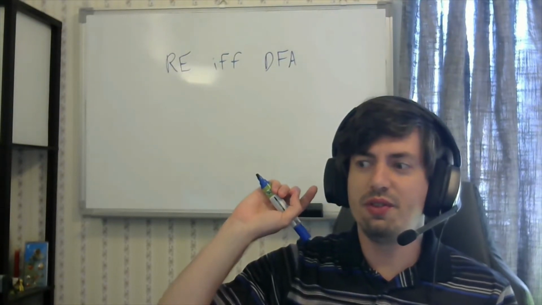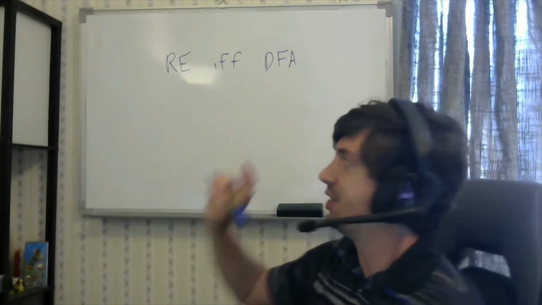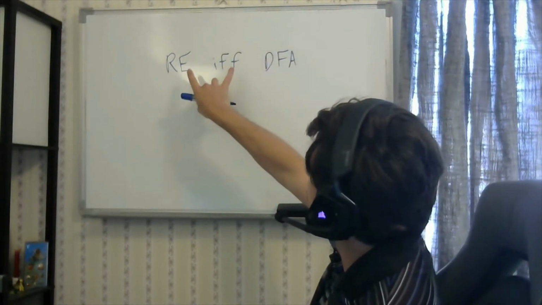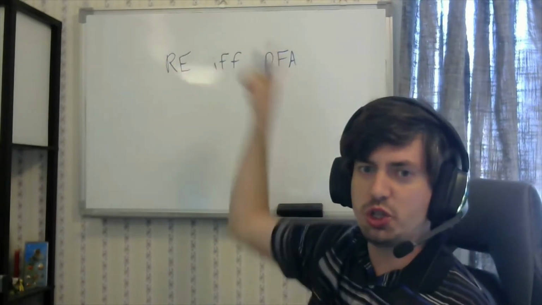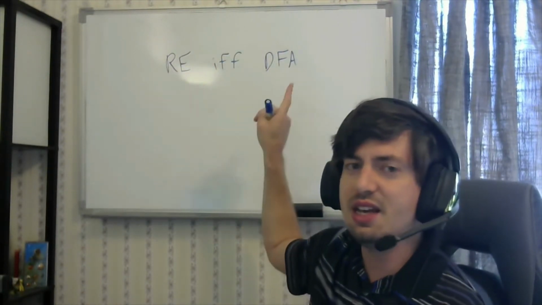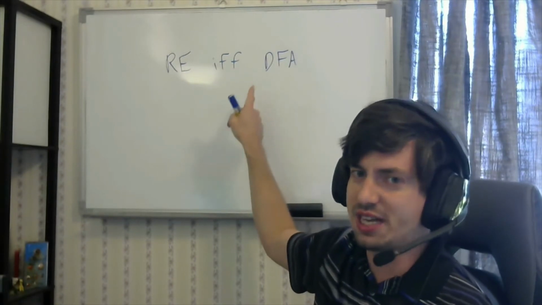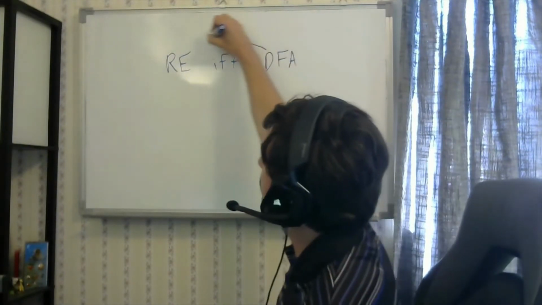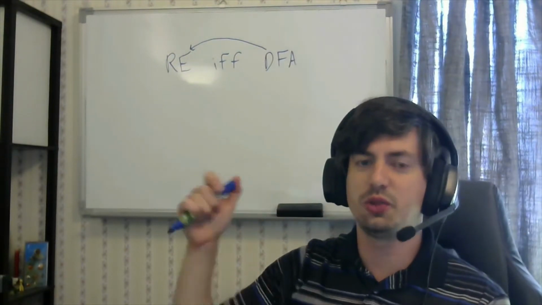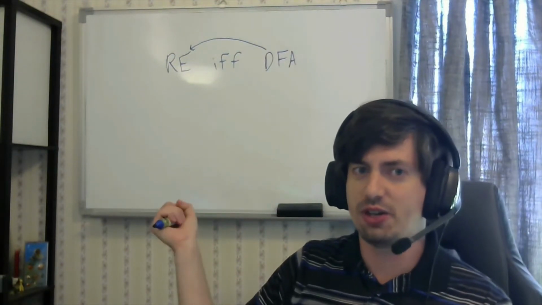Now, to prove this in both directions, we're going to have to say, okay, this should be mutually convertible. We need to show that for any deterministic finite automata, there is a regular expression that describes the language recognized by that finite automata.